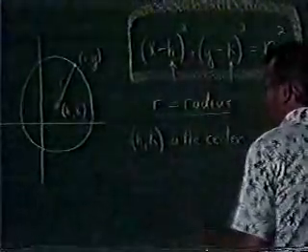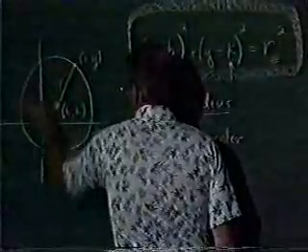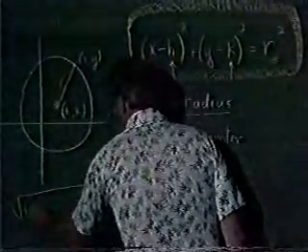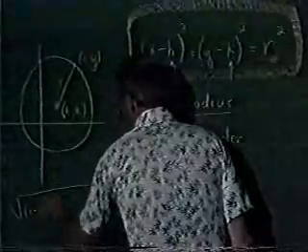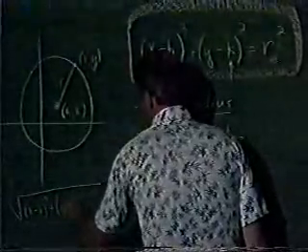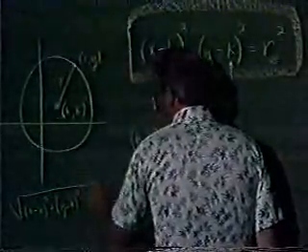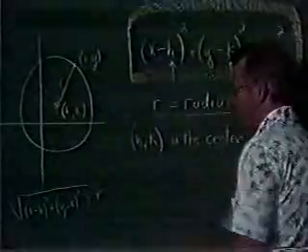Now this comes from the definition that a circle is all points the same distance away, and so you let this distance, the square root of (x minus h) squared plus (y minus k) squared, be equal to the radius, that distance r, whatever that r is.